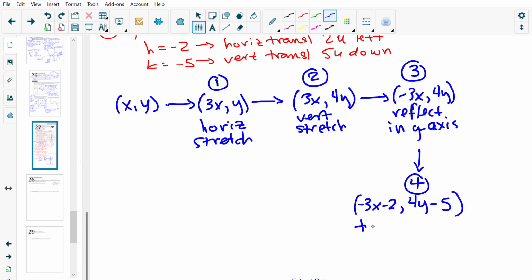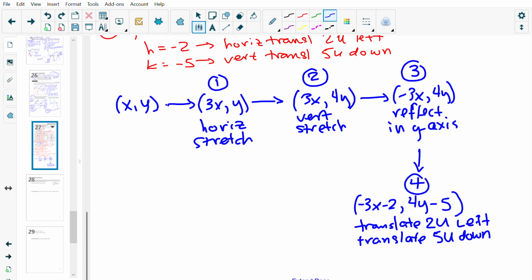This is translate 2 units left. Sorry, that should be a U. 2 units left. Translate 5 units down.